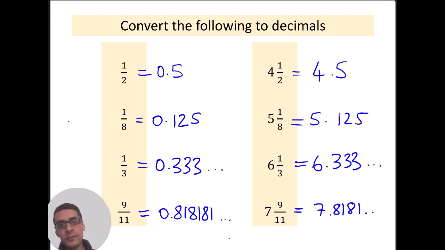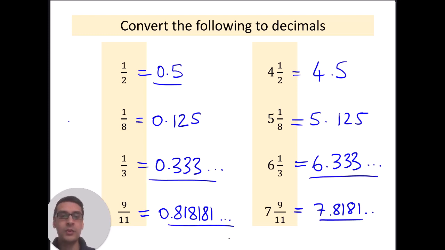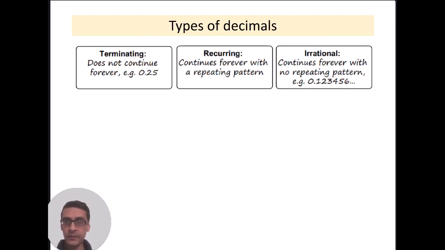So from these conversions, you can probably tell there's a few different types of answers you can get here. So 0.5 just stops at 0.5. You've got these special cases which kind of go on forever, and then you've got various patterns as well. So there's 3 different types of decimals that we're going to look at: terminating, recurring, and irrational. This lesson focuses on recurring, but I'm just going to give you a couple of examples of terminating decimals.